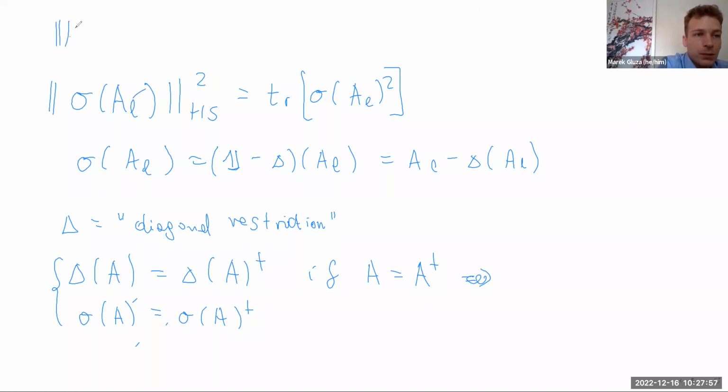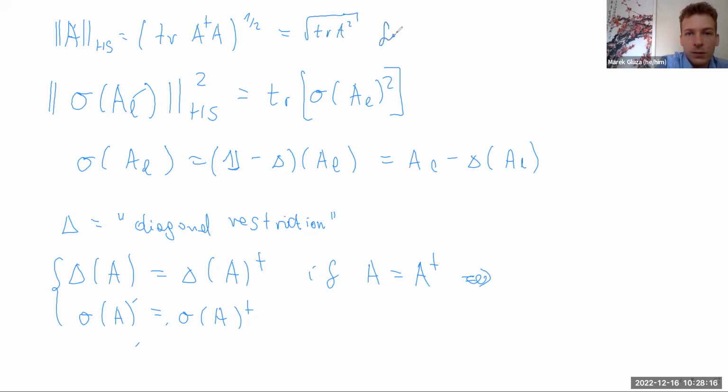the Hilbert-Schmidt norm of A is the square root of trace of A dagger A to the half. So this is the square root of trace A squared for A equals A dagger.